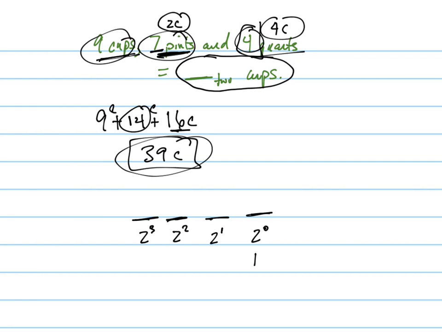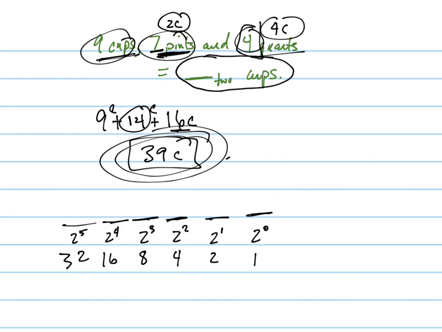So we have this is base 2 math right here. So I've got 1, 2, 4, 8, 16, and 32. Right? Why did you stop at 32? Because my number is 39. I don't need to go to 64 because that's too big.